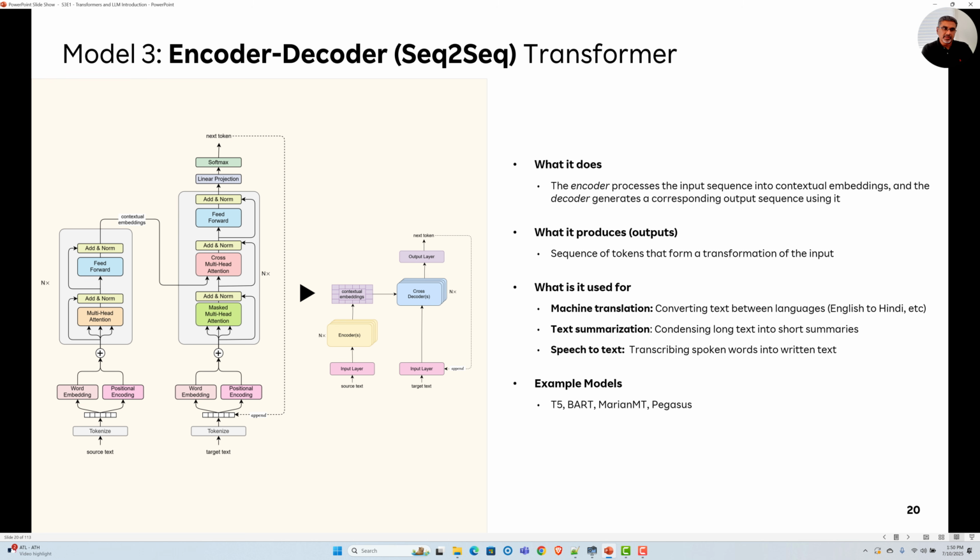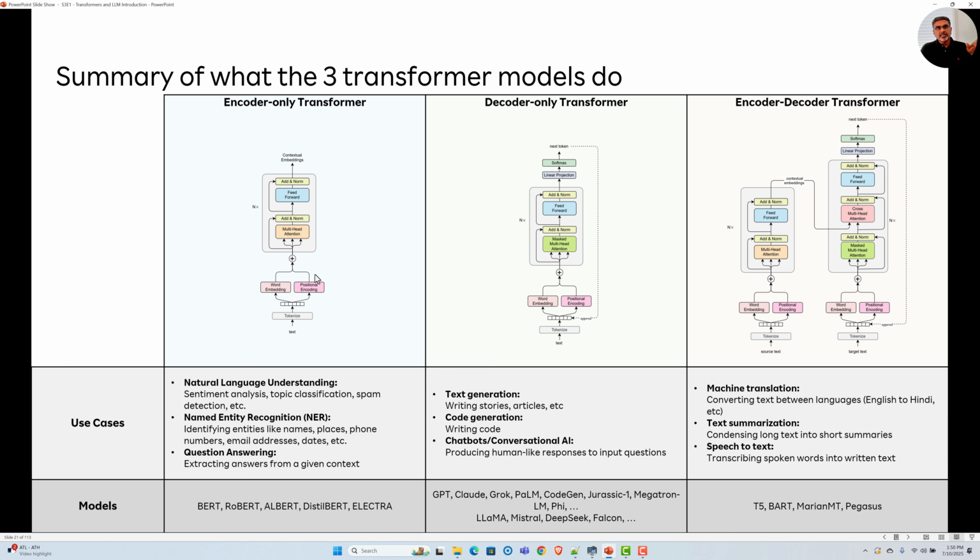For example, you can express what you want in English into the encoder, and the decoder will spit out the Python code relevant to the prompt that you're giving in English, or it can spit out SQL code and so on. So human language to machine language translation also can be done with the third form of a transformer, called encoder-decoder. We will study all these three different models in season 3 across multiple episodes.